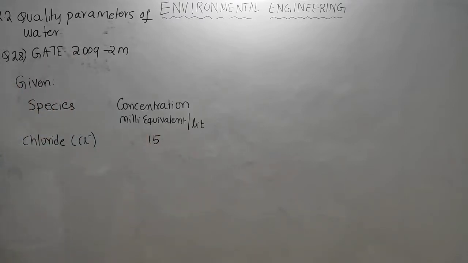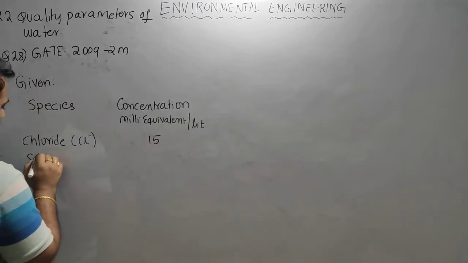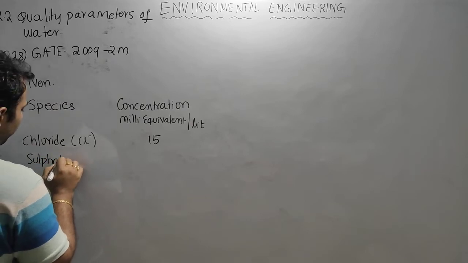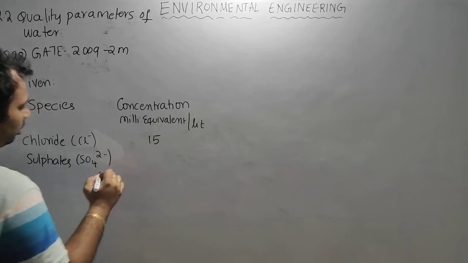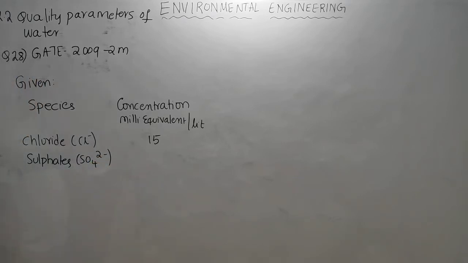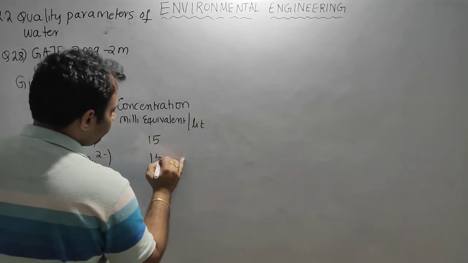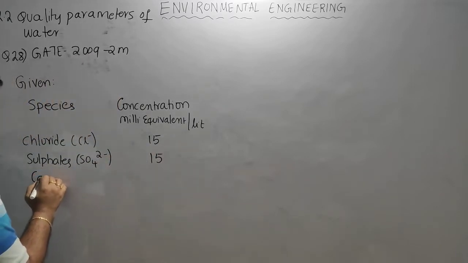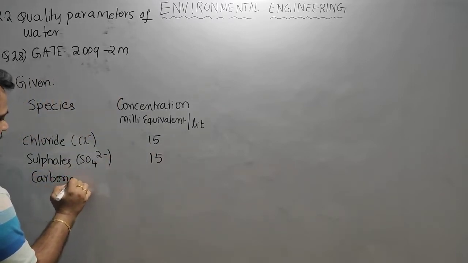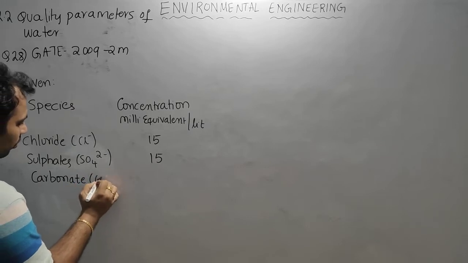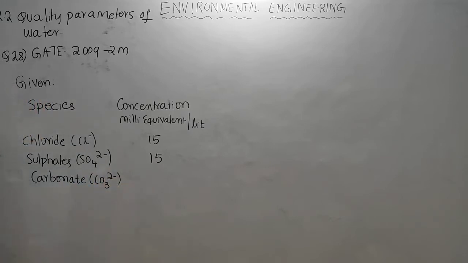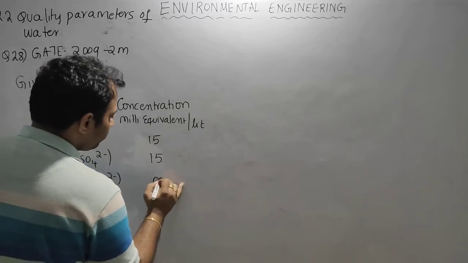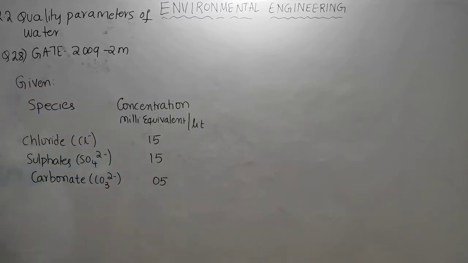And next is sulfates, SO4 2 minus, it is 15 again. Carbonates, CO3 2 minus, it is 5. And bicarbonate 30.